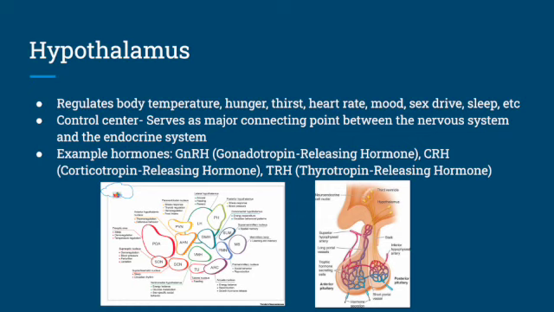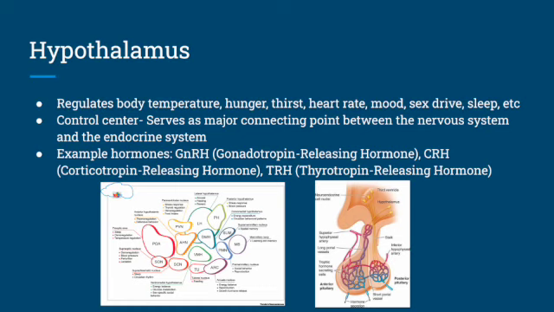It regulates a lot of really important things like body temperature, hunger, thirst, heart rate, mood, sex drive, sleep, and circadian rhythms. In the picture on the left, the different colored shapes are portions of the hypothalamus, and each of them is labeled for the content it's responsible for.